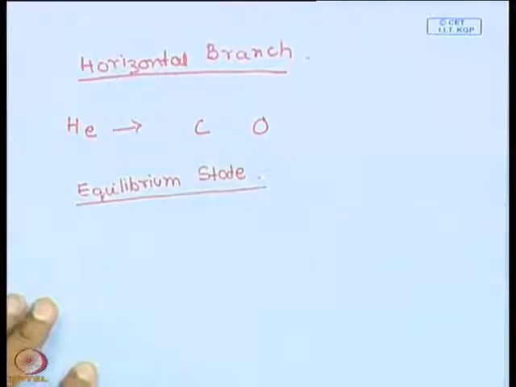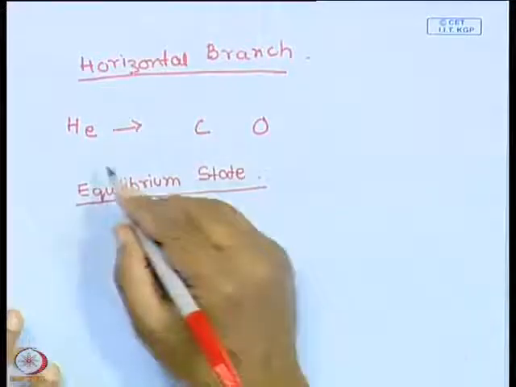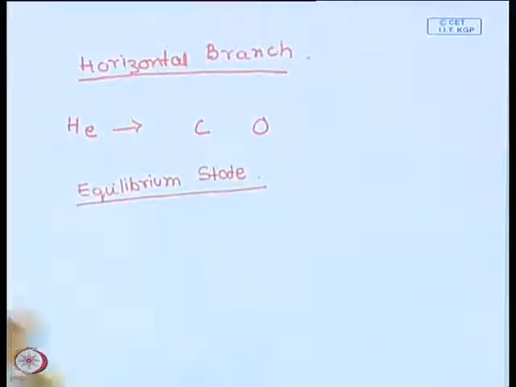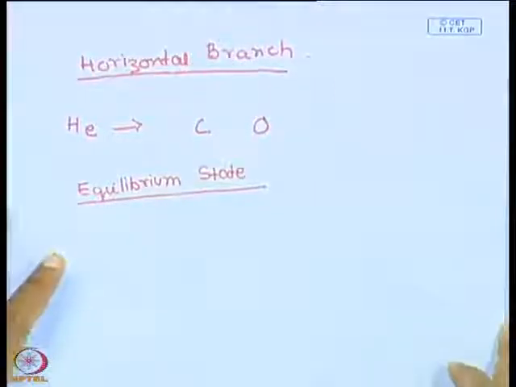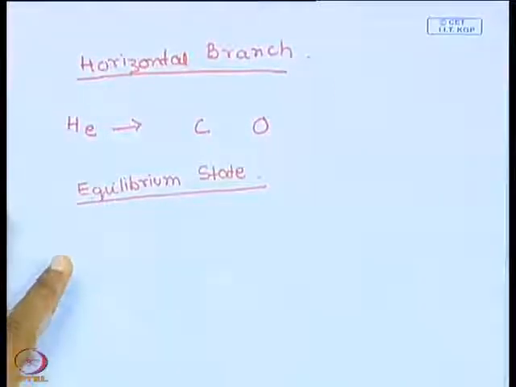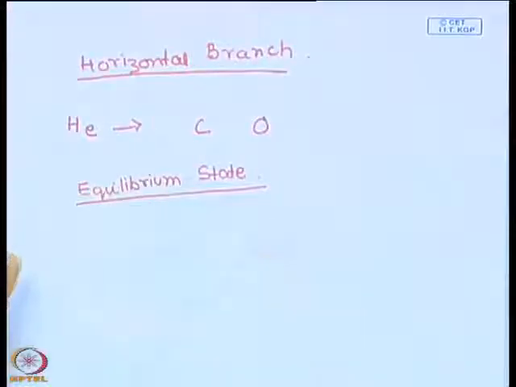The star is supported by helium burning, which in the main sequence was supported by hydrogen burning. You now have a star supported by helium burning in this horizontal branch.